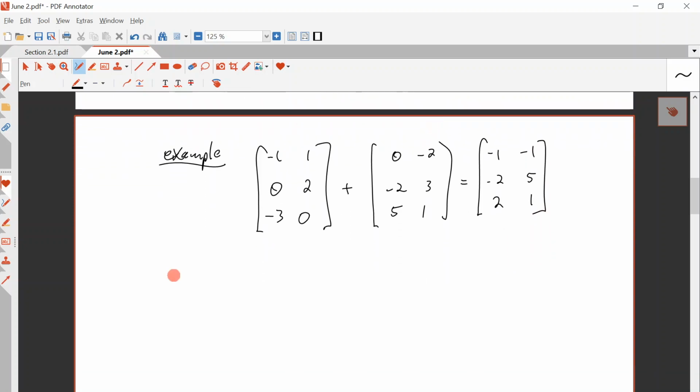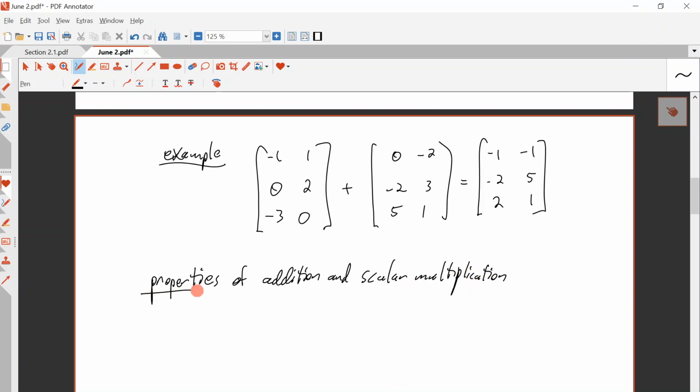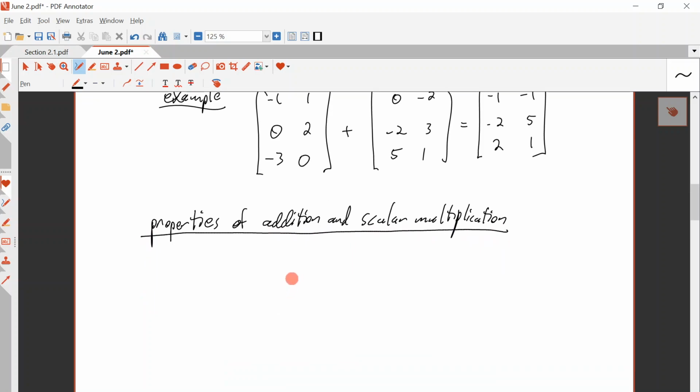And properties of addition and scalar multiplication of matrices. All the properties that you think hold would. The addition of matrices is commutative.